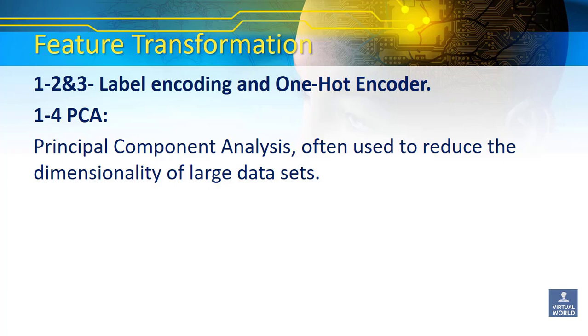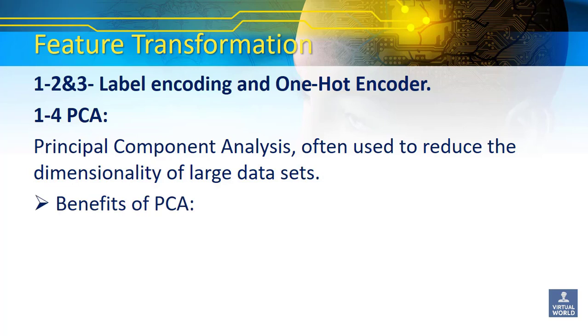Principal Component Analysis, or PCA, is a dimensionality reduction method that is often used to reduce the dimensionality of large datasets by transforming a large set of variables into a smaller one that still contains most of the information in the large dataset.